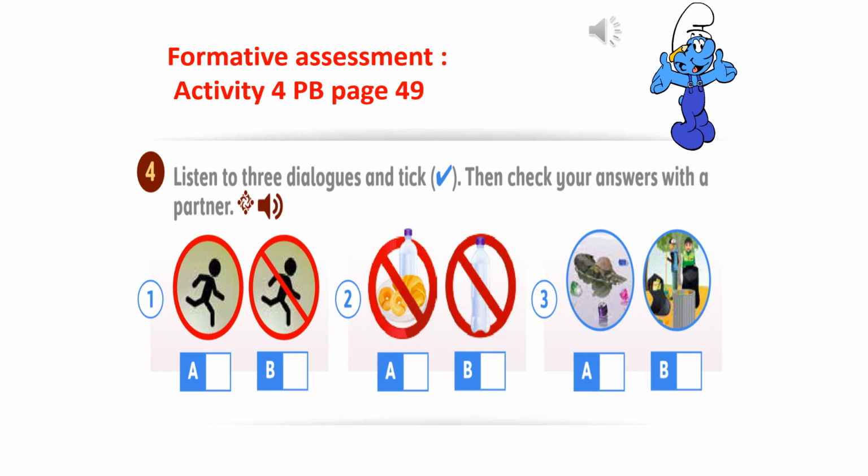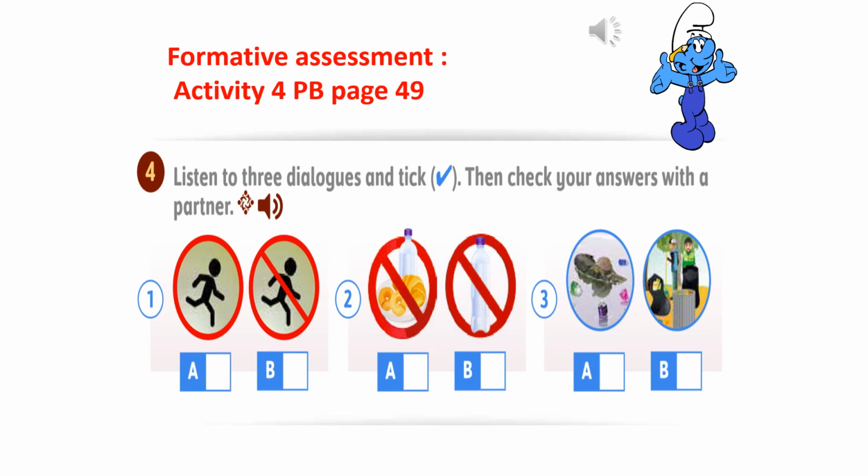1. You mustn't talk to your friends when you're at the library. Okay, Mum. And you mustn't run. Of course not. Thank you, Mum. 2. Excuse me, you mustn't eat in the library. Oh, I'm sorry. Can I drink some water?